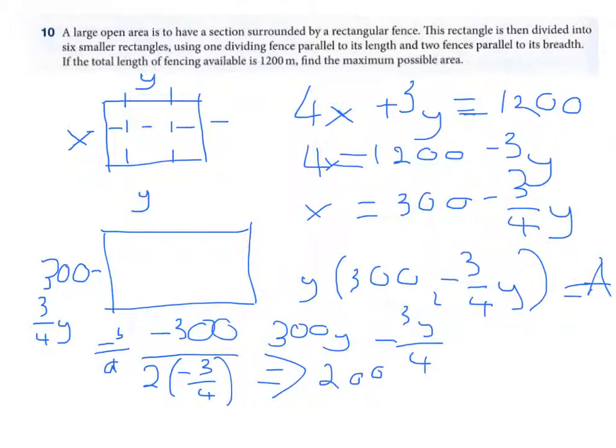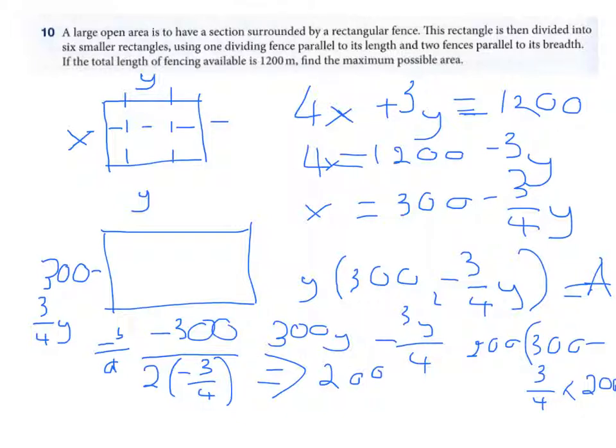So, subbing that back in, 200 times 300 minus 3/4 times 200. Now, more calculator moment. 200 outside of 300 minus 3/4 times 200.